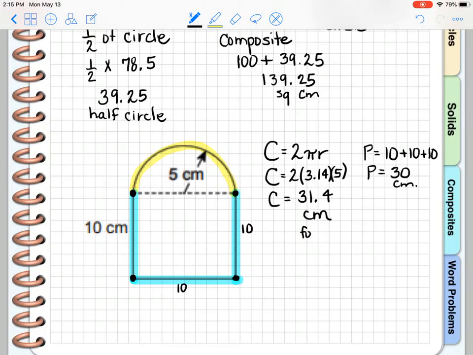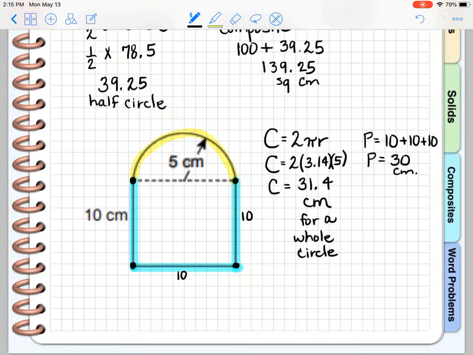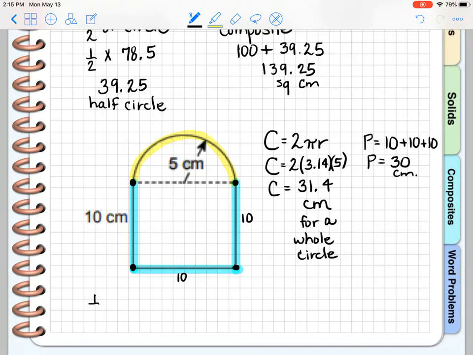But that is for a whole circle. And we only want half of a circle. So we're going to say 1/2 of 31.4 equals 15.7. That's for the half circle.